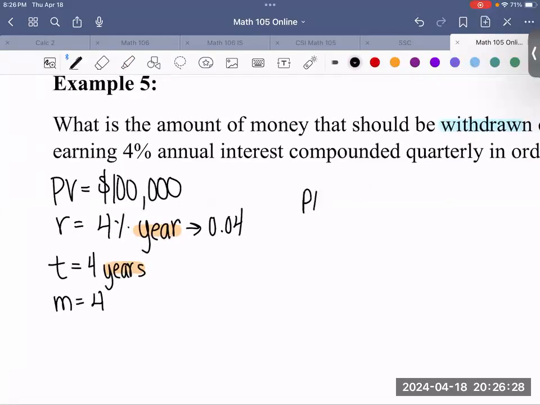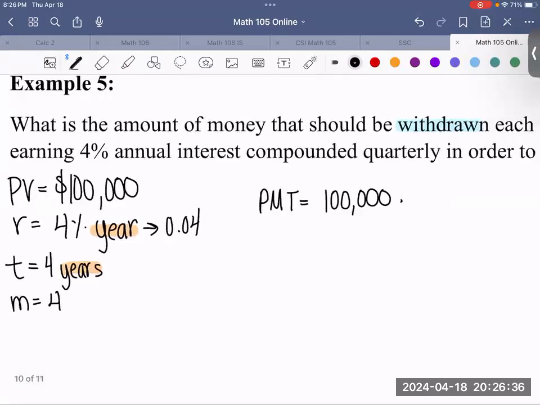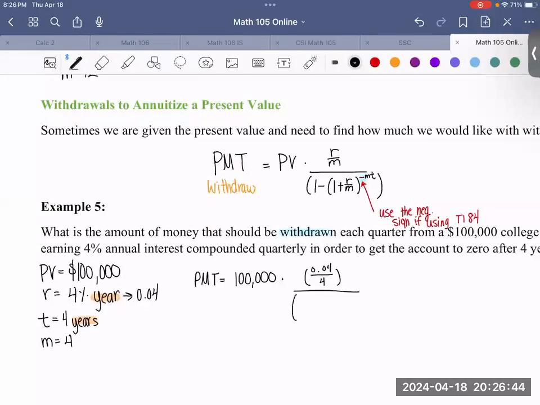All right, so we have your payment is equal to your present value times your rate over your compounding period divided by 1 minus 1 plus, again, your rate over your compounding period raised to the negative, and I'm actually going to put that in red again, negative 4 times 4, and close your parentheses.